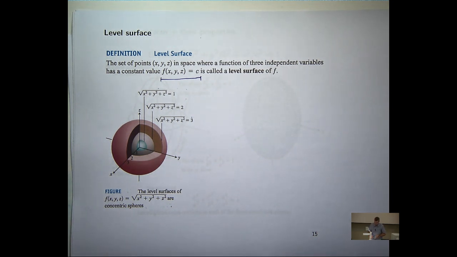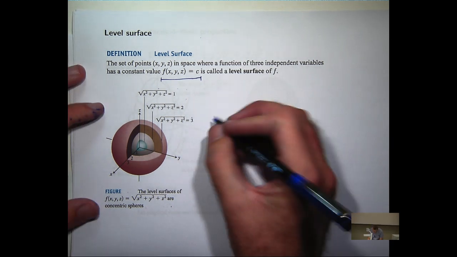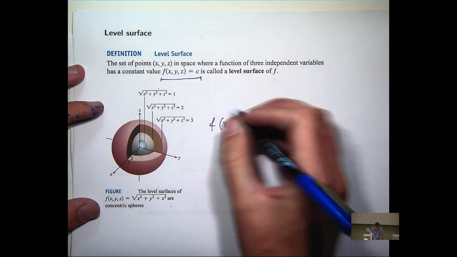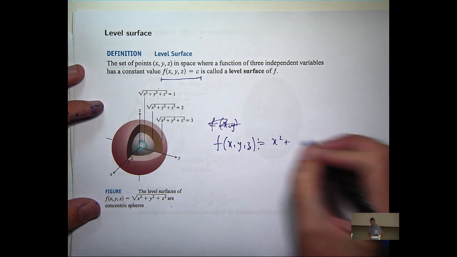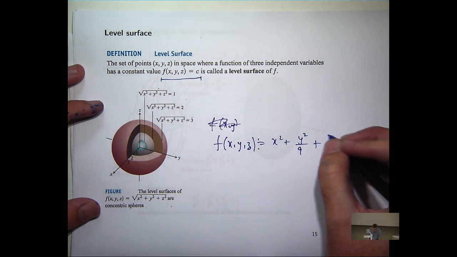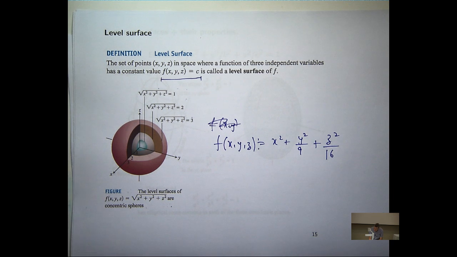So for example, let's say I had the function, this. Does anybody know what the level surfaces of that function would be, geometrically speaking? I'll tell you what, I'll leave you to think about that.